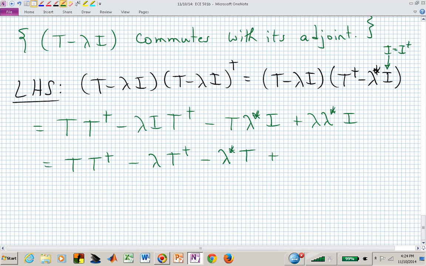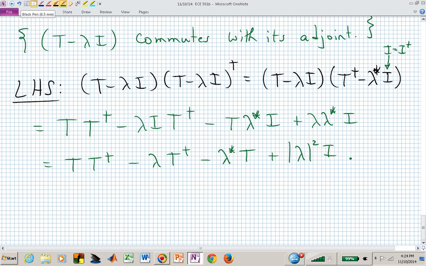If we have alpha plus j beta times alpha minus j beta, we get alpha squared plus beta squared, which is the magnitude squared, isn't it? So this now becomes the magnitude of lambda squared times I. Is that okay? That's now what we've shown the left-hand side to equal.